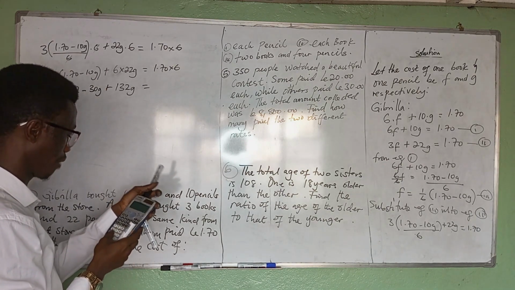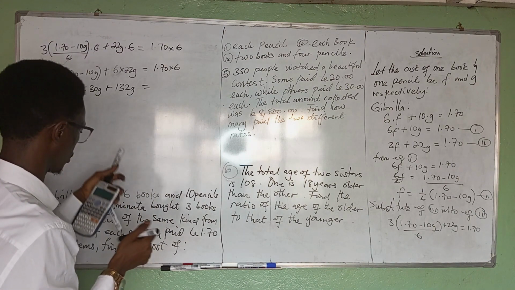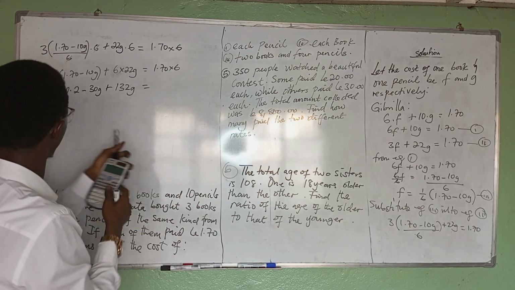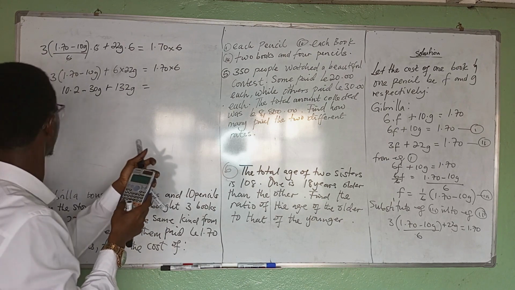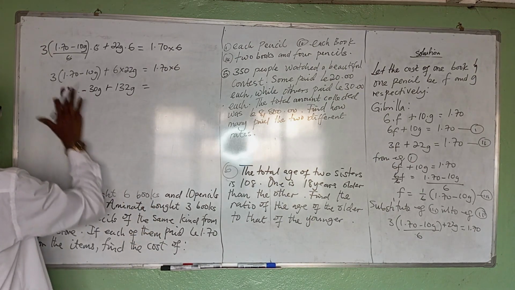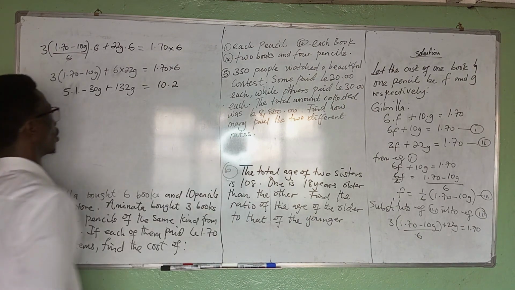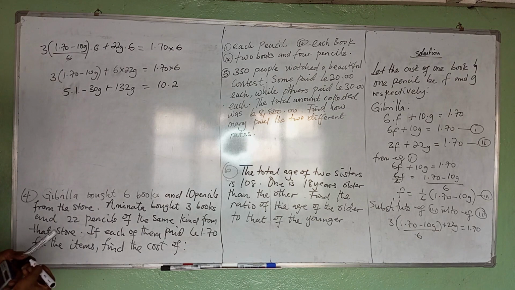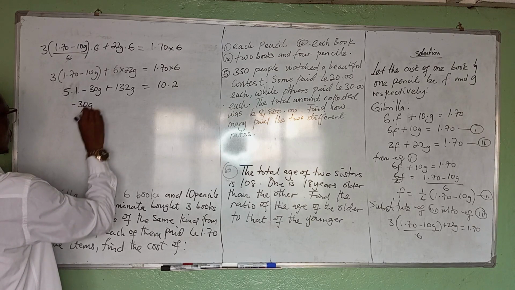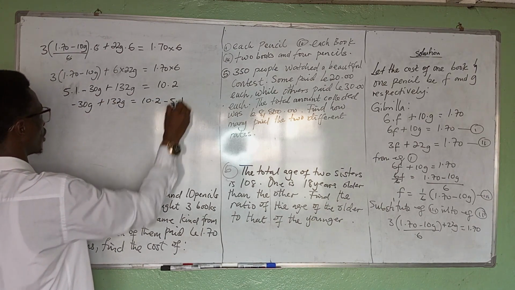So let's multiply 1.70 multiplied by 6. So 3 multiplied by 1.70. Okay, this one was 5.1, and this is 10.2. Okay, so now all you have to do, just collect like terms. So you add minus 30g plus 132g equals 10.2 minus 5.1.